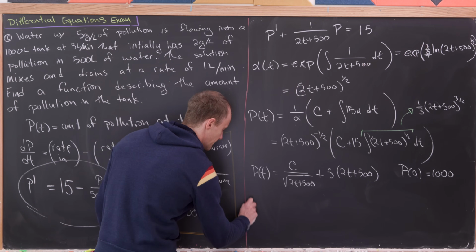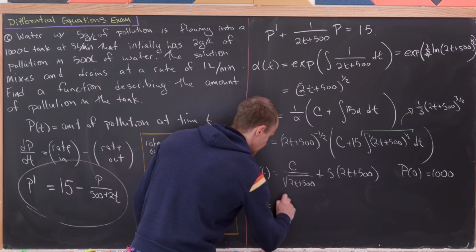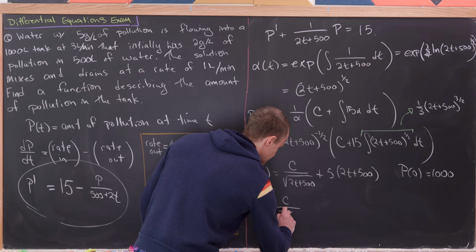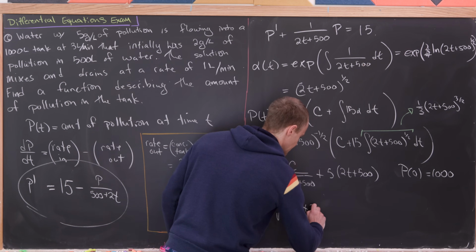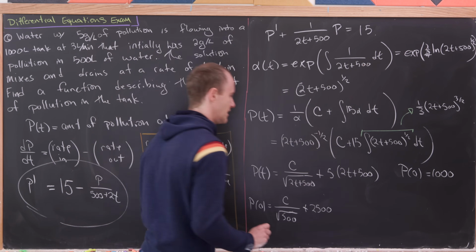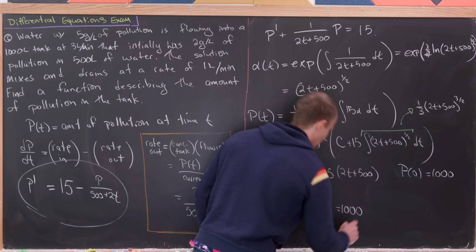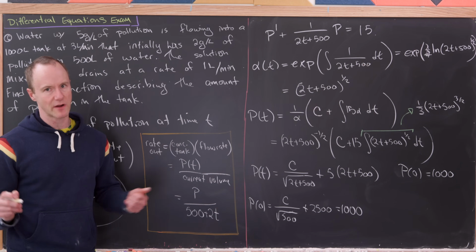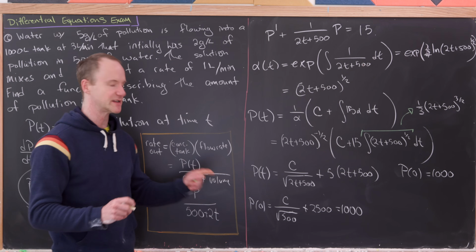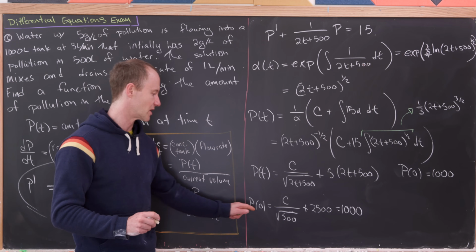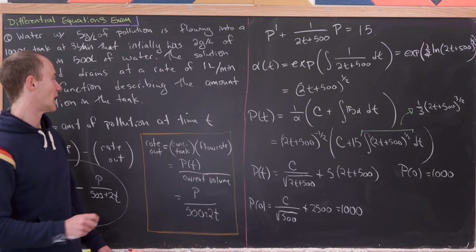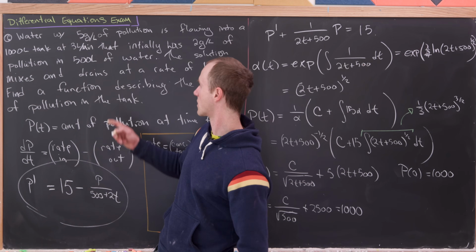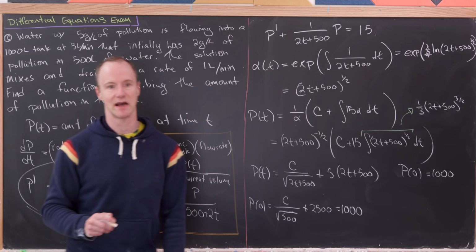So let's see, we've got P evaluated at 0 is going to be C over the square root of 500 plus, let's see, that'll be 2,500 equals 1,000. So now it's pretty straightforward here to solve for C. So I'll maybe leave it here. You can solve this for C and plug it into our function up here, and then, well, we've got a function describing the pollution in the tank at time t.